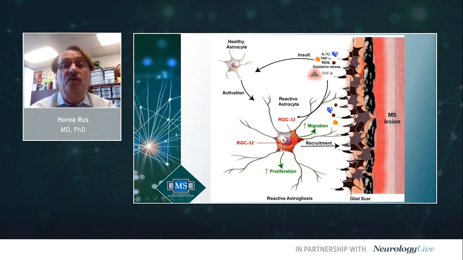In the absence of this stimulus by RGC32, this is less likely to happen, and it's less likely to get a significant glial scarring. These data suggest really that RGC32 can be a target both for inflammatory cell activation during the acute phase and for the chronic phase of the disease, when glial scarring plays an important role.